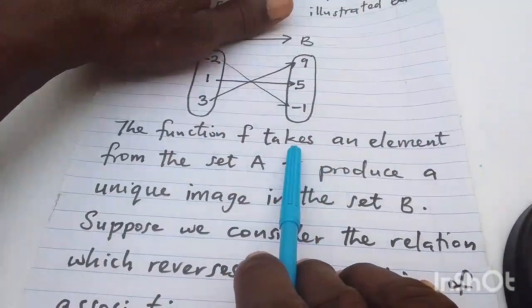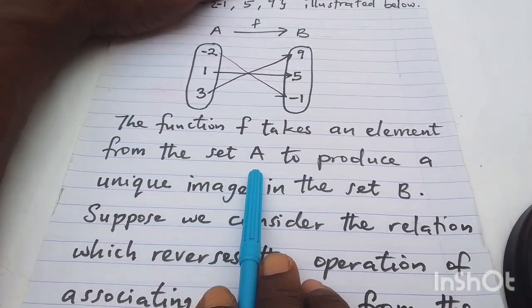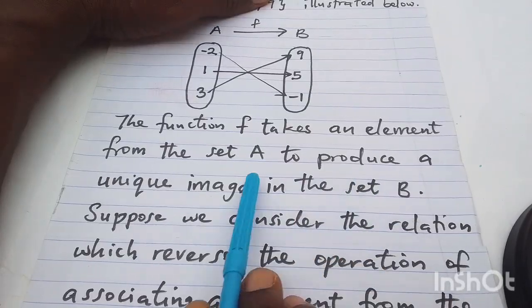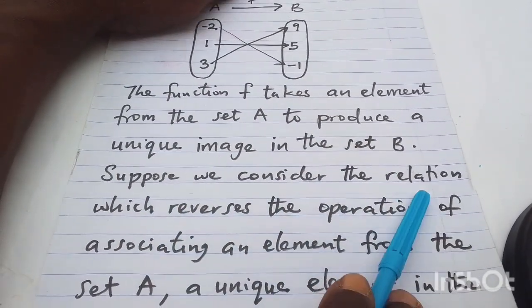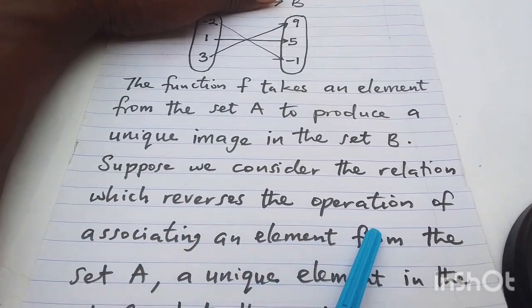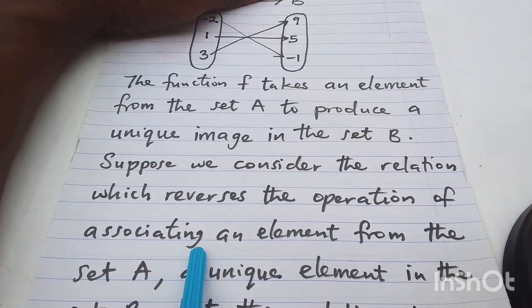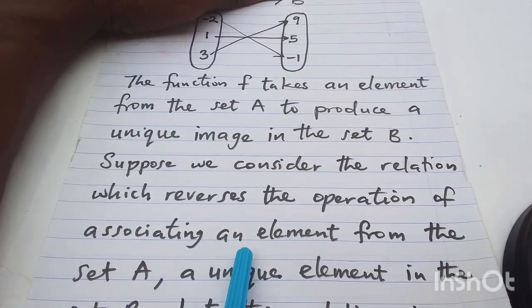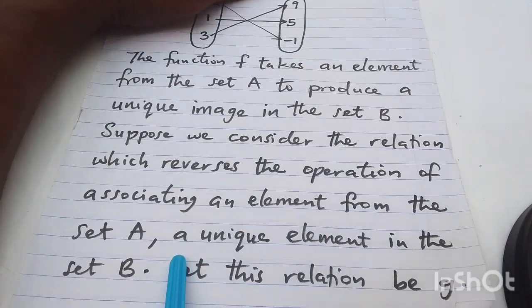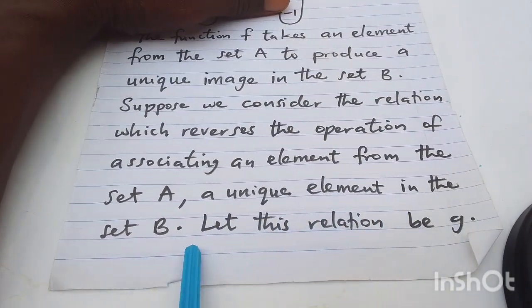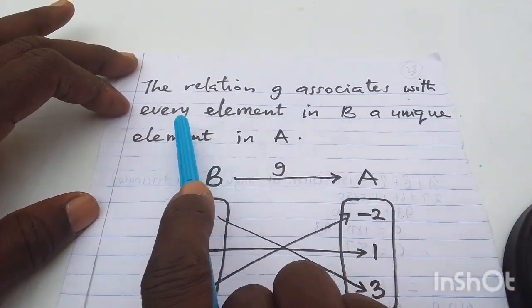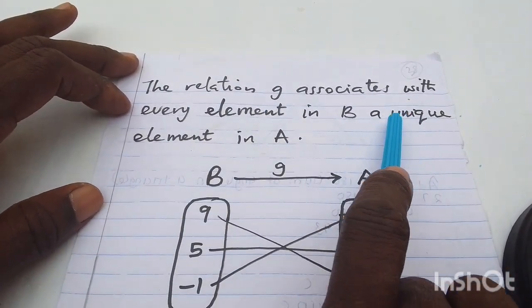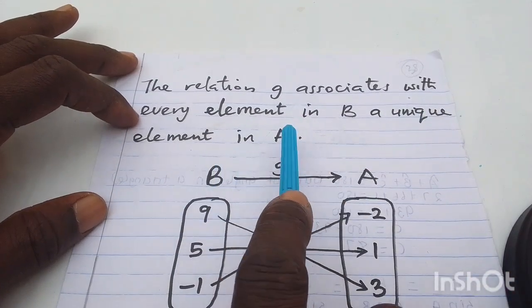The function f takes an element from the set A to produce a unique image in the set B. Suppose we consider the relation which reverses the operation of associating an element from the set A to a unique element in the set B. Let the relation be G. The relation G associates every element in B with a unique element in A.